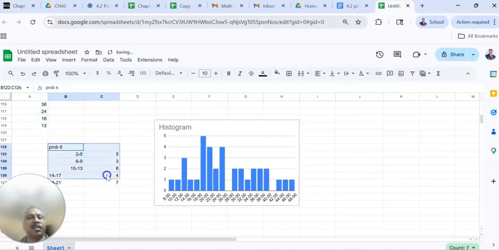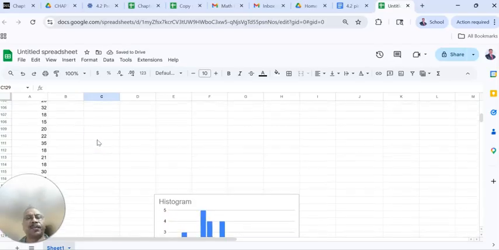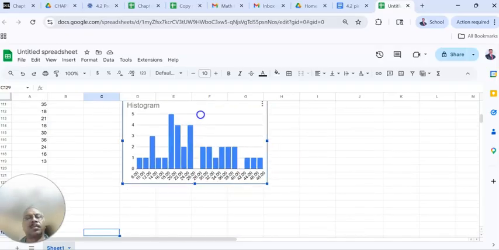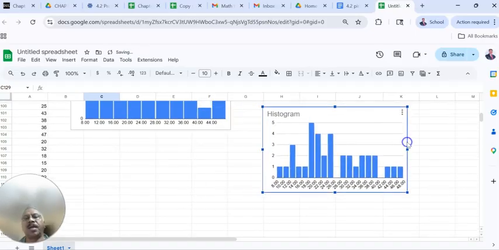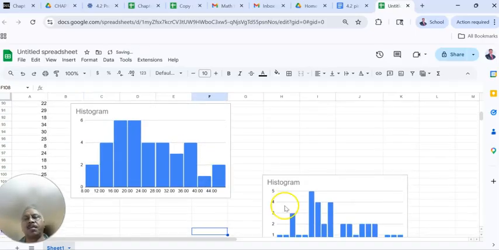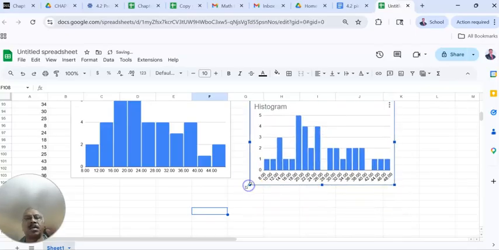I'll put this graph side by side so that we can make a comparative study here. Okay, so what do you notice here?